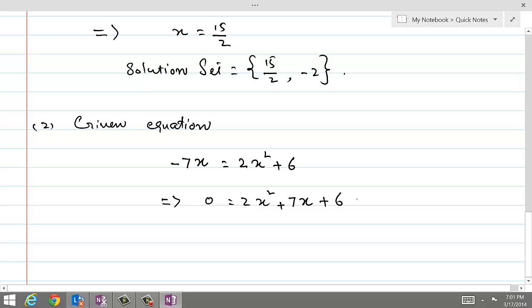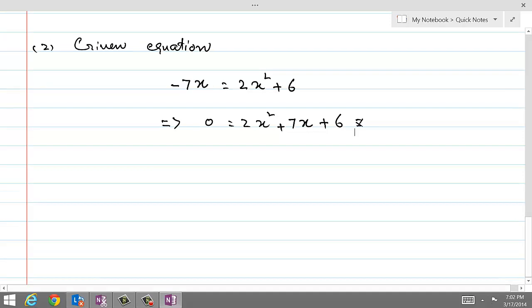Oh, 0 is already written here on the left hand side, so nothing changes there. If we rewrite this equation by writing this expression on the left hand side, we will get 2x square plus 7x plus 6 equal to 0.